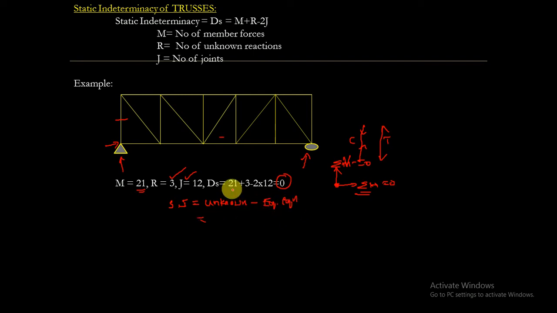Unknowns here: 21 member forces are unknown, and 3 reactions are unknown, minus 2 into, at each joint we will have 2 equations. So 12 joints are there, into 2. So that gives the static indeterminacy of the structure.